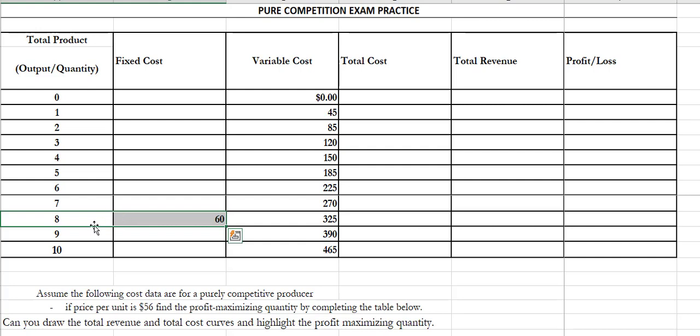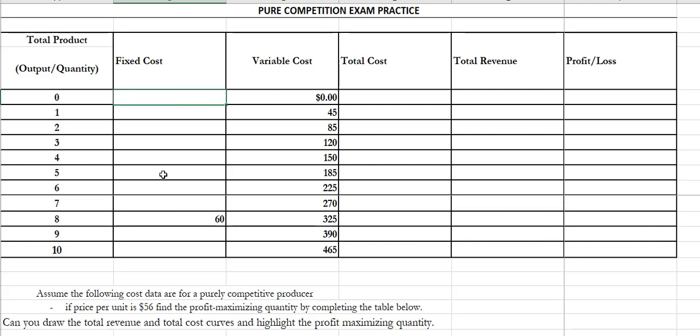You see it? Output level 8. How much is the fixed cost? It's 60. So here's my question for you. Given what we know about fixed costs, if at output level 8, I have to pay a fixed cost of 60, how much would I pay at output level 0?